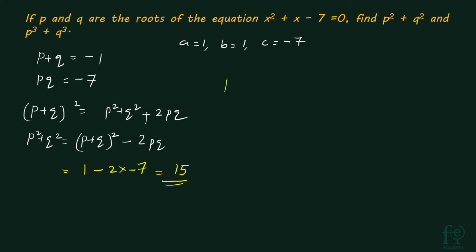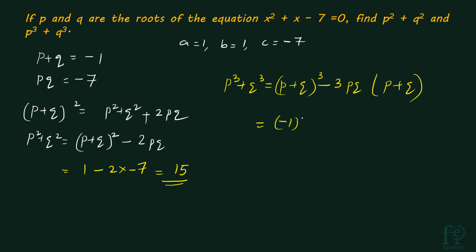Similarly, what is p cube plus q cube? It will be equal to p plus q the whole cube minus 3pq into p plus q. So one time you practice this kind of questions means you can directly write the formula. p cube plus q cube is equal to p plus q the whole cube minus 3pq into p plus q. So what is p plus q?